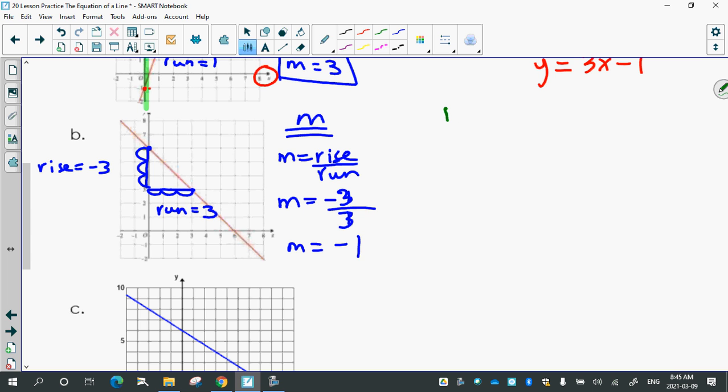B. So now I look for where does my line touch the y-axis. You should be able to see it's at 6. Everyone agree? You see it's at 6, it touches the y-axis at 6, the line. And then you want to make the equation.